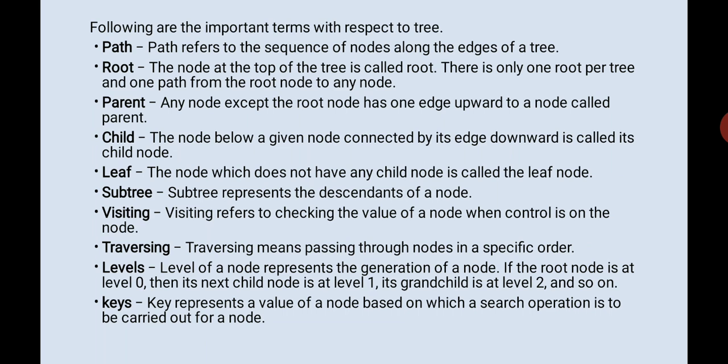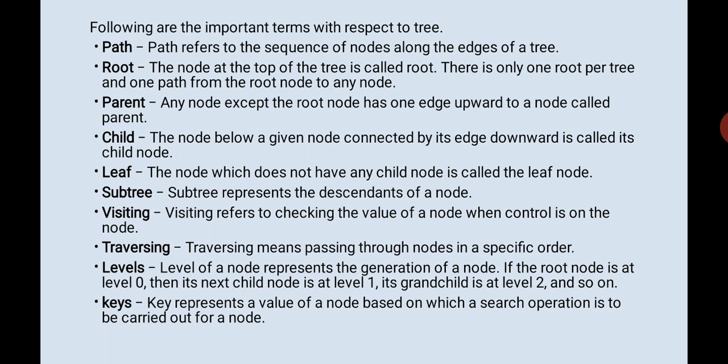There is only one root per tree and one path from the root node to any node. Parent, any node except the root node that has one edge upward to a node is called a parent. What is a parent? That which has one edge upward. Child, the node below a given node connected by its edge downward is called its child node. What is the leaf? The node which does not have any child node is called the leaf node.